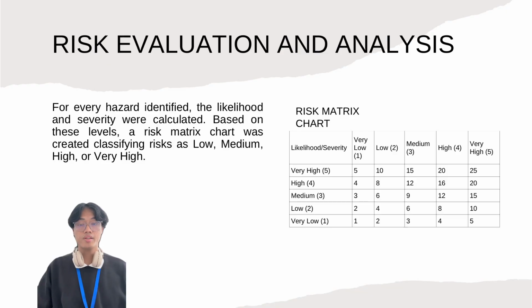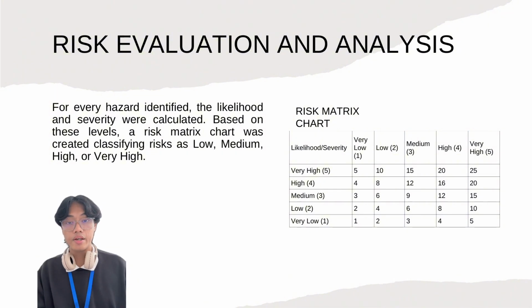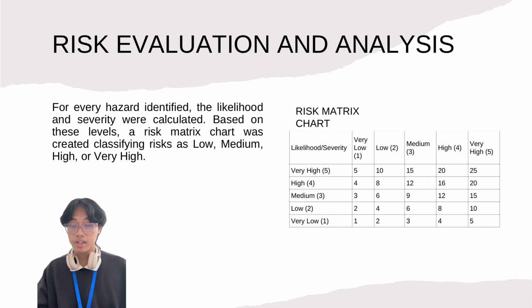This part is risk evaluation and analysis. In this part, I will create a risk matrix chart based on the likelihood and severity of the hazards I have listed. After the likelihood and severity of a hazard are calculated, it will give a score depending on the result.